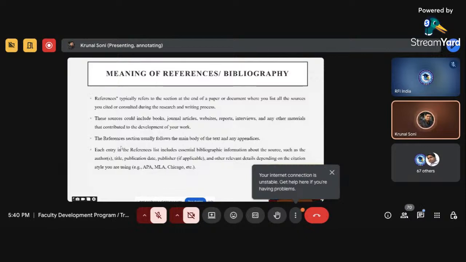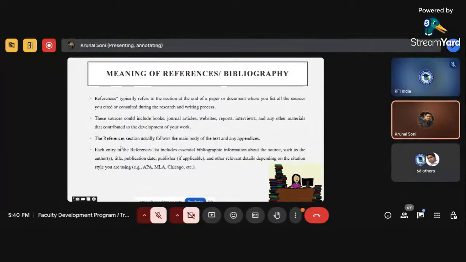Basically, this line says the same aspect that I have already explained: we take the help of references for all sorts of things, in terms of the literature review that we need to write, and for methodology, analytical tools and techniques, or any things where you want to verify how something is going to be utilized. That is where the references come into the picture.